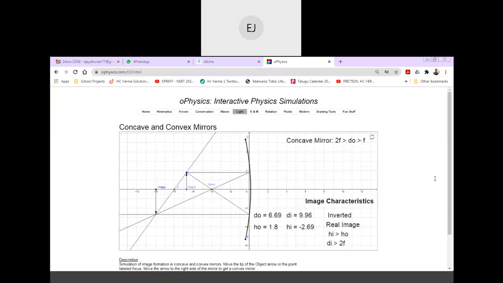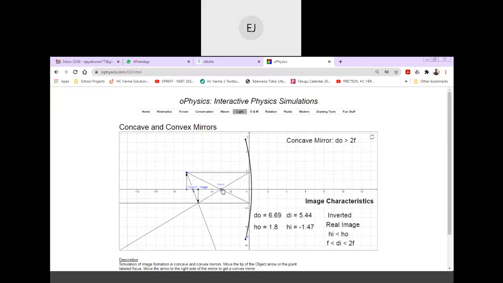And as said by Sai Krishna and Samir, R is equal to 2f. R is radius of curvature and focal length is small f. So there is a relation, R is equal to 2f. From there they are telling that focus is the midpoint.